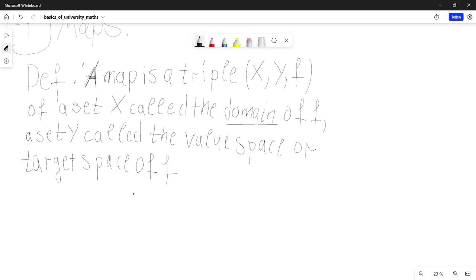The value space, the target space of f, of the function, and an assignment rule.